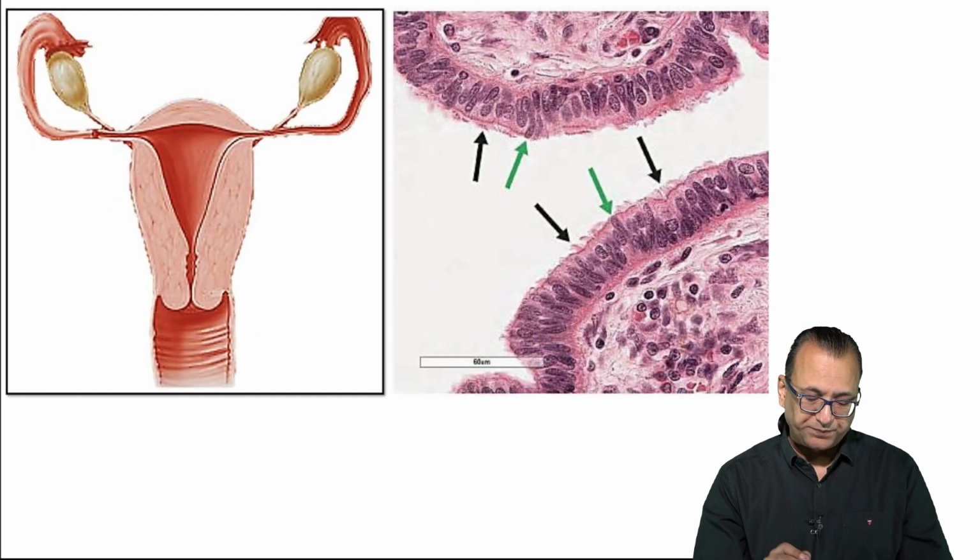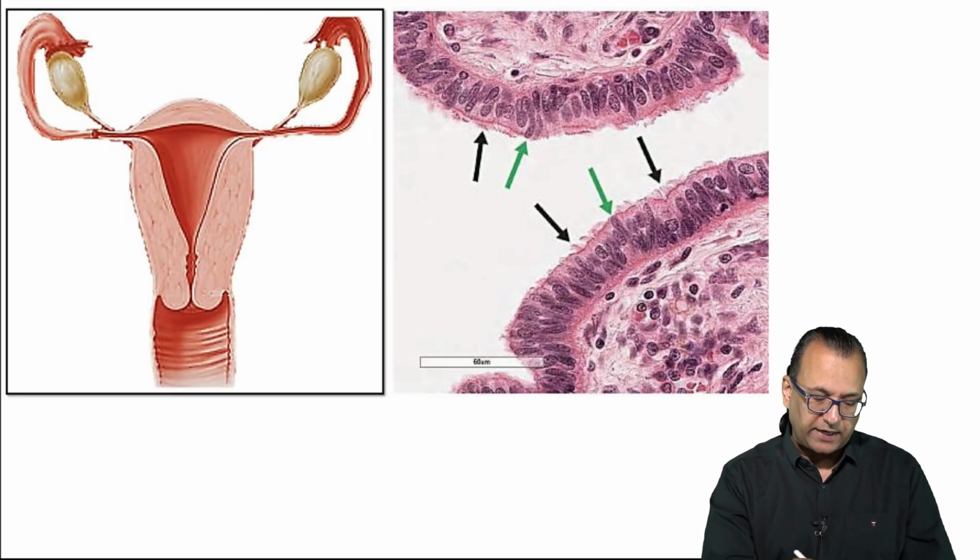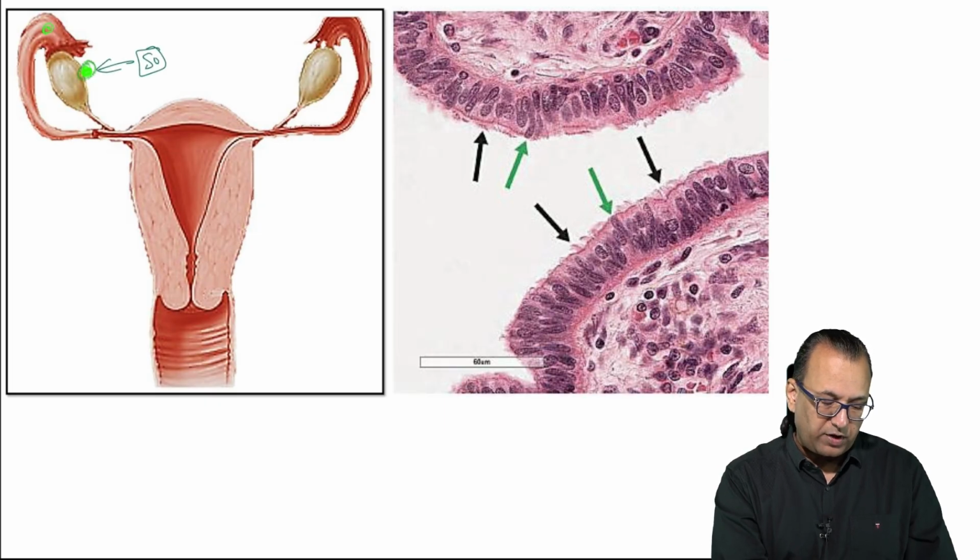Now moving on to the fallopian tube. It is understood when the secondary oocyte is ovulated. Say this was the secondary oocyte which was ovulated, and that secondary oocyte will now be moving into ampulla of the fallopian tube, because that is where it will be fertilized. So ampulla of fallopian tube, that is where the fertilization will happen.